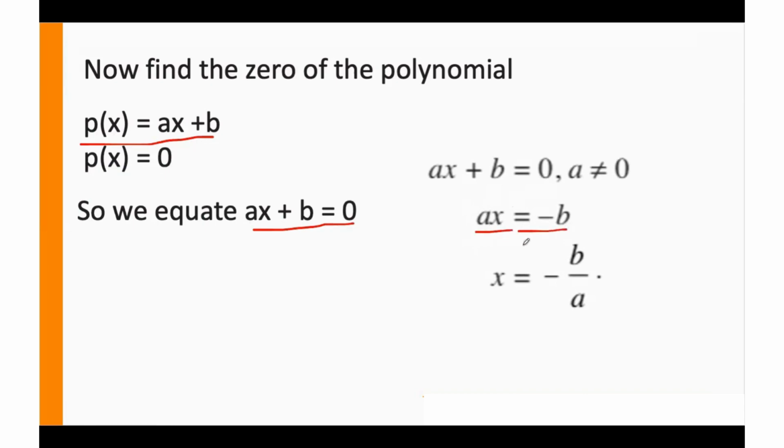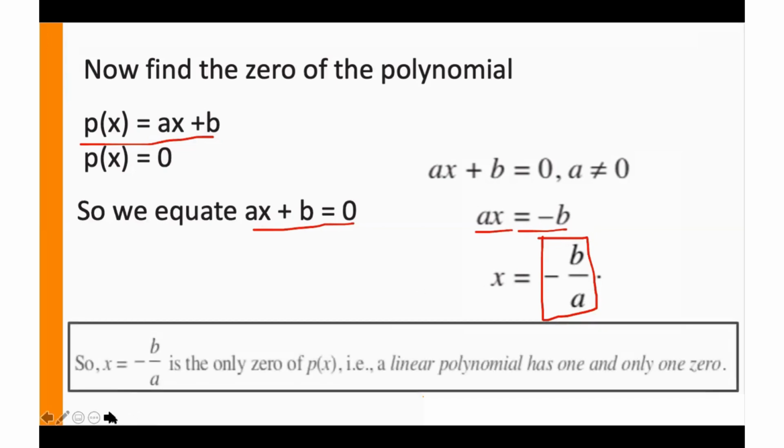And then a will move down in the denominator because it's here in multiplication, it will go in division. So x is equal to minus b upon a. This is true for all linear equations. The zero of a linear equation will always be minus b upon a. So x is equal to minus b upon a is the only zero of p of x. A linear polynomial has one and only one zero, which is minus b upon a.